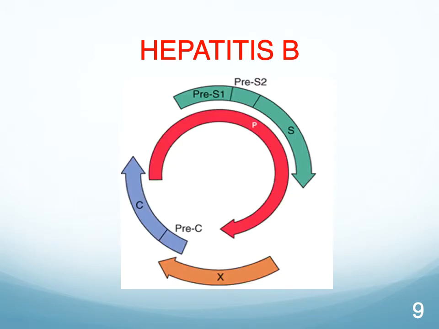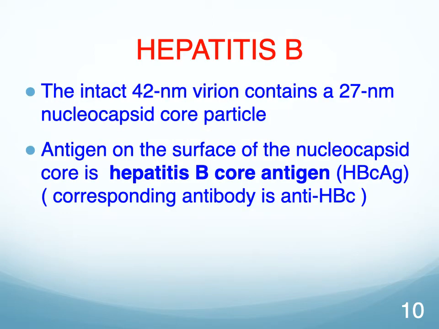The P represents the DNA, and the C, the pre-core, and the S antigen. This is very tedious to memorize. It is actually not clinically important. It is just good to know whenever you have your examination.